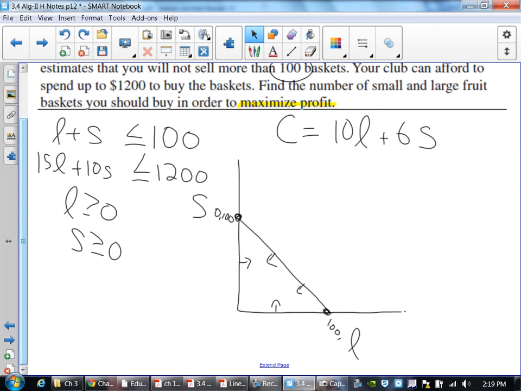L-intercept, is it at 80? I think. Hey, looky, looky, they run into each other. Convenient, isn't it?